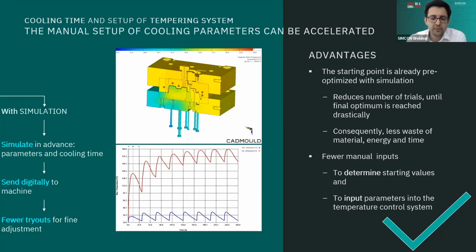The manual inputs are also reduced, not completely erased, because sometimes, like I said, the machines don't speak to the cooling units, but the starting values are from the simulation. You just have to put them in there.